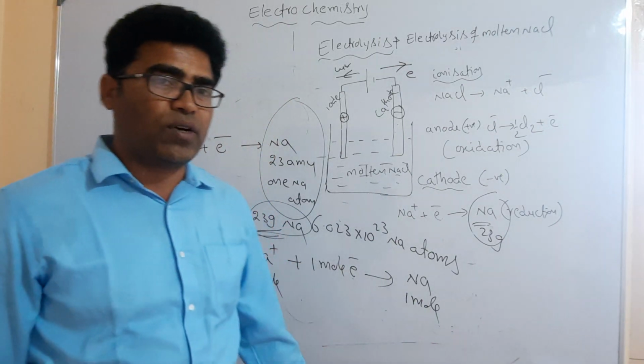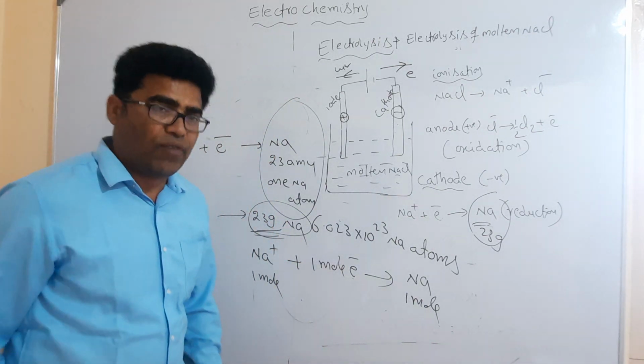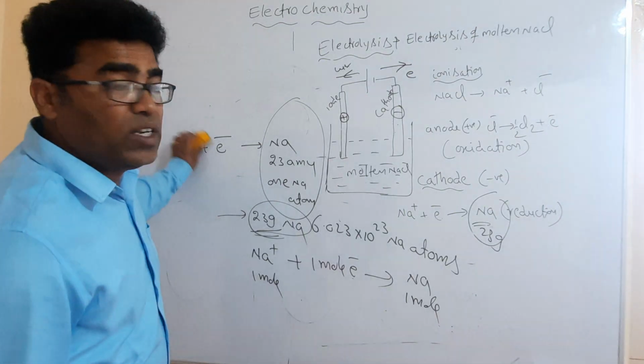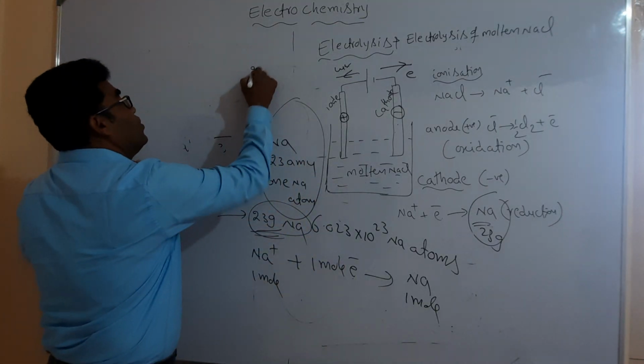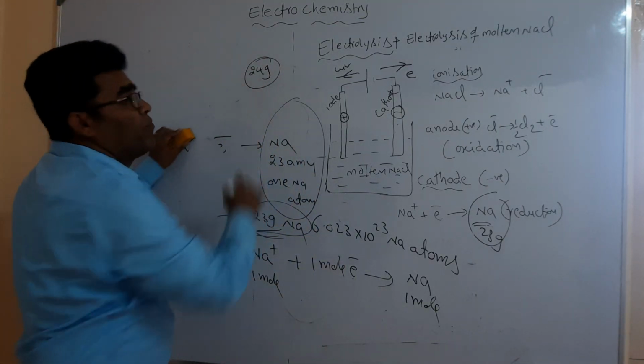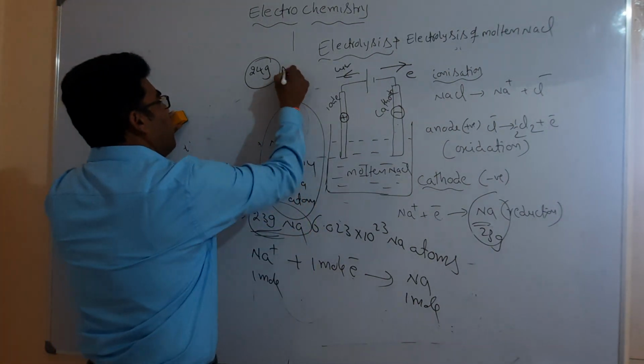So for the deposition of 1 mole sodium, 1 Faraday of electricity is required. Now the question is, for the deposition of 24 gram magnesium.